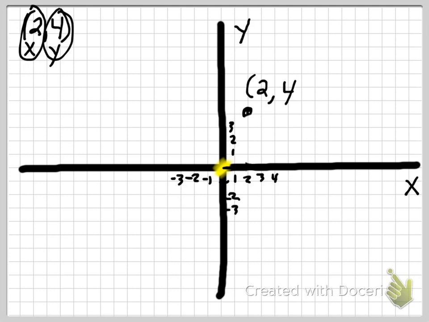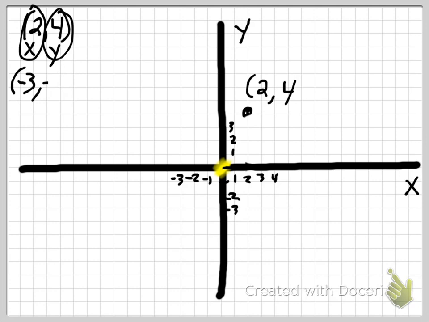Okay, so let's try a new point. Let's try -3, -1. Again, we're going to start at the origin, where the yellow is. We need to go 3 spaces to the left and 1 space down. Actually, let me change this number.